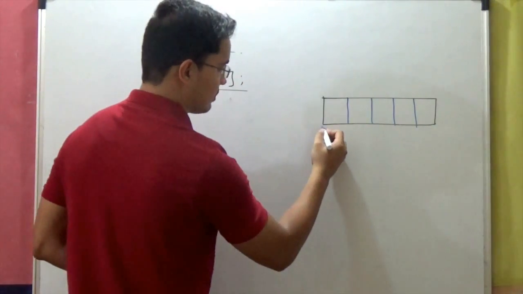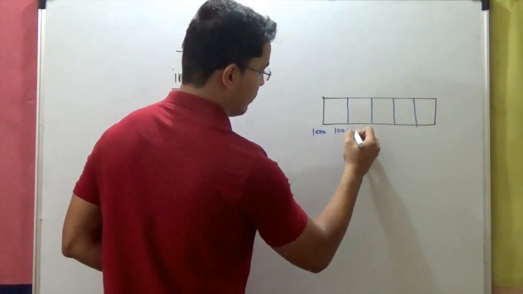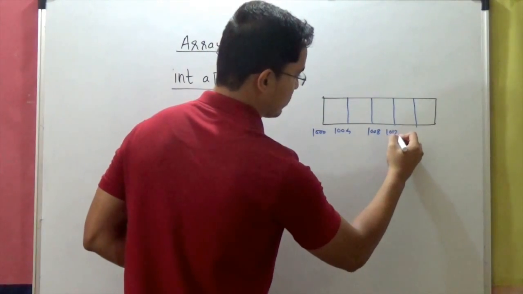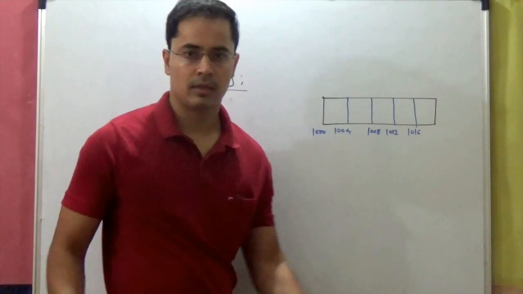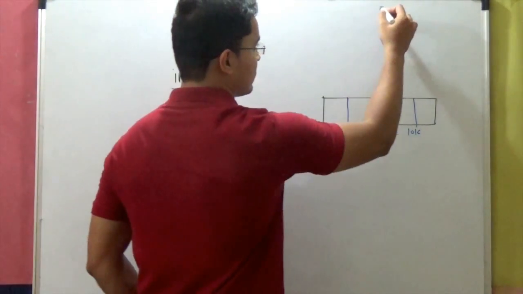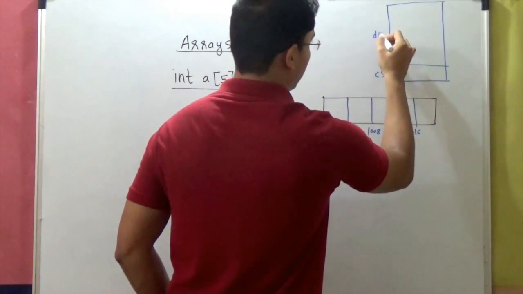So let's say if this starting address is 1000, then this will be 1004, this will be 1008, this will be 1012, 1016. So space will be reserved. As this is a local variable, it will be on the stack. So you remember this? Code segment, right? Data segment.